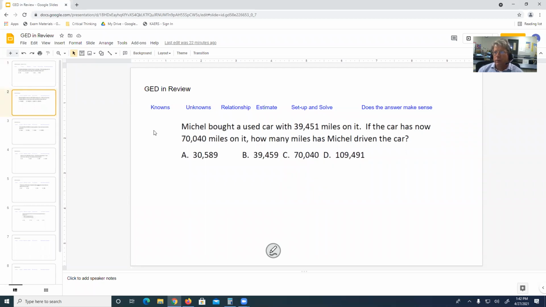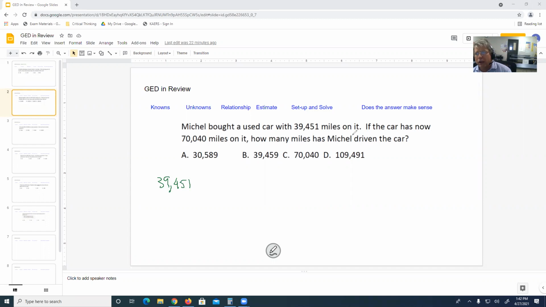So we do see some numbers here, but understanding what those numbers mean. Mitchell bought a used car with 39,451 miles on it. So to me, that is his initial miles on the car. 39,451 miles were on the car to begin with.